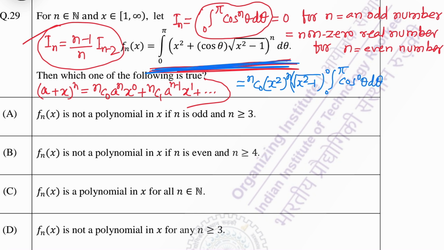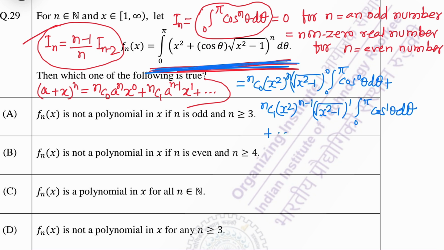The first term of the expansion. Now the next term will be nC1 (x square) to the power n minus 1, and here (x square minus 1) over root to the power 1, and here 0 to pi cos 1 theta d theta.